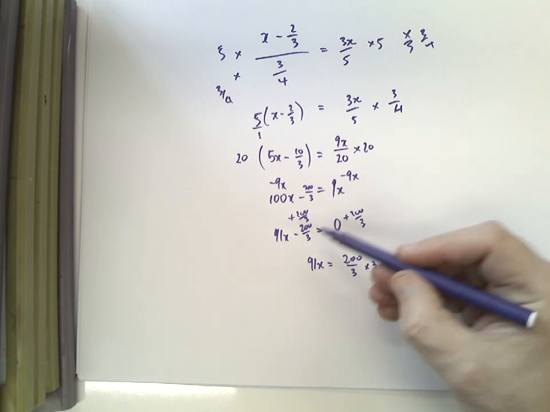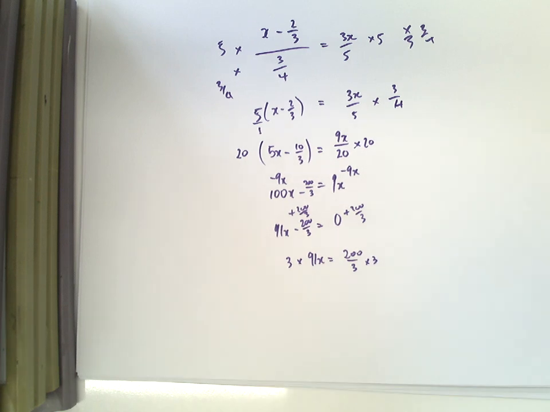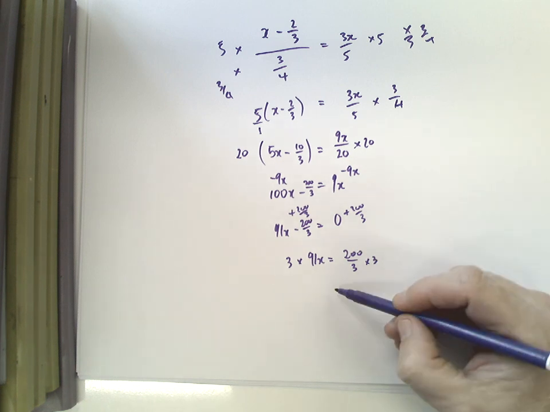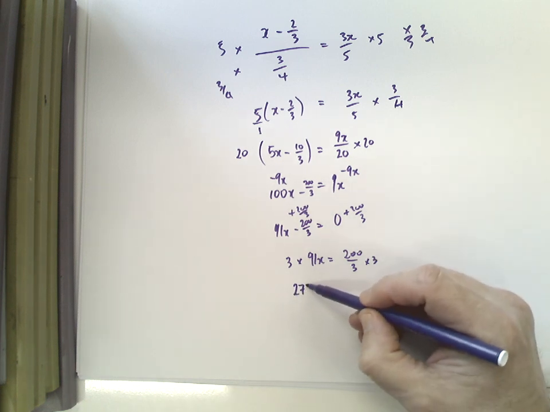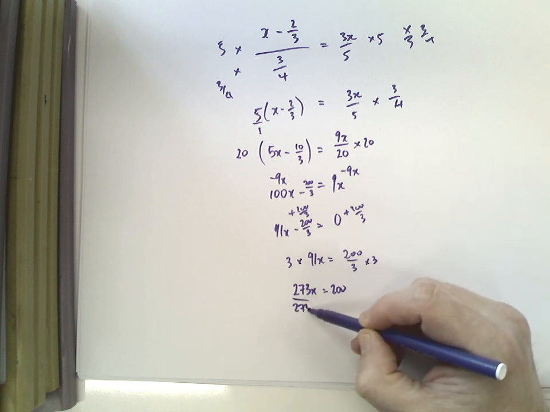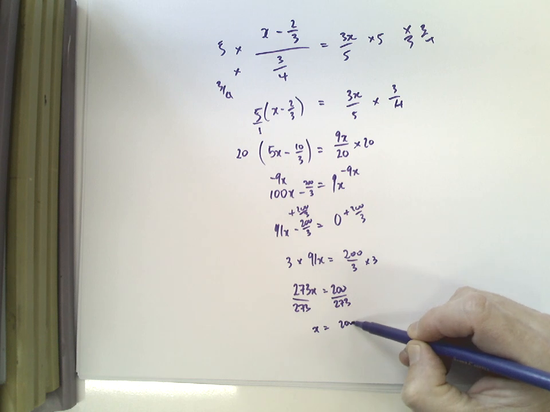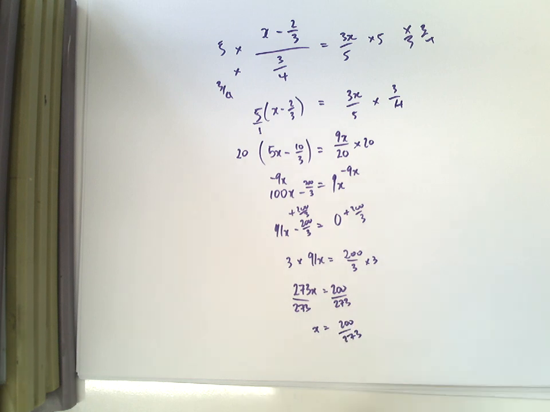I'm going to times by 3 here and times by 3 there. 91 times 3 is 273. And divide by 273 and divide by 273. And x is equal to 200 over 273.